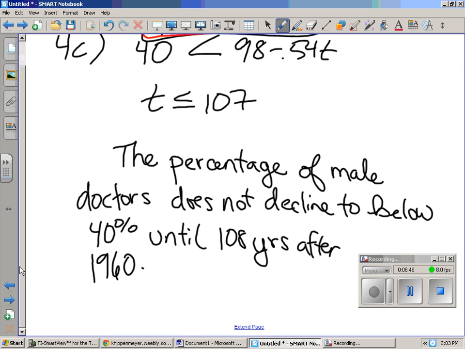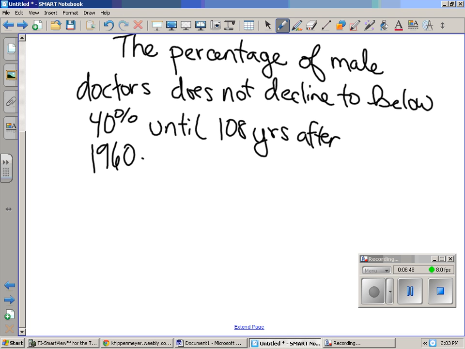Let's think about another way we could say this. 107 years after 1960 would be 2067.